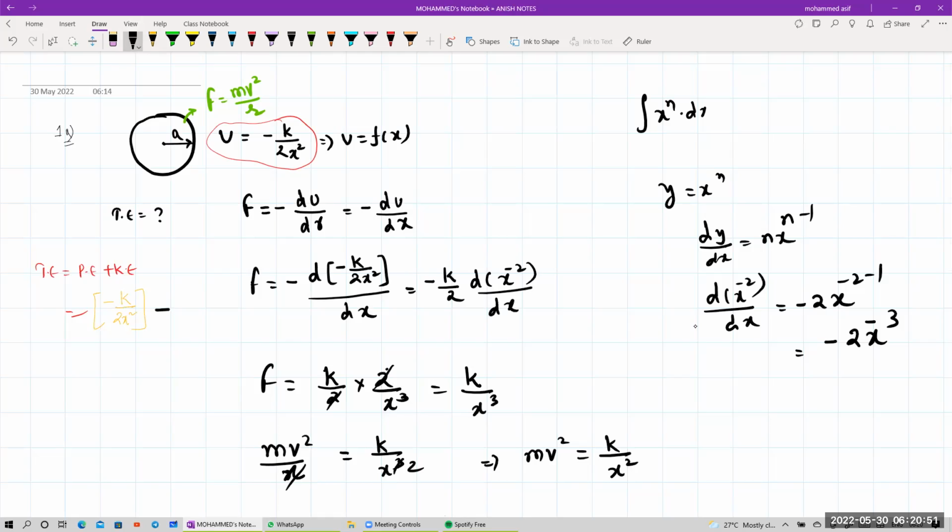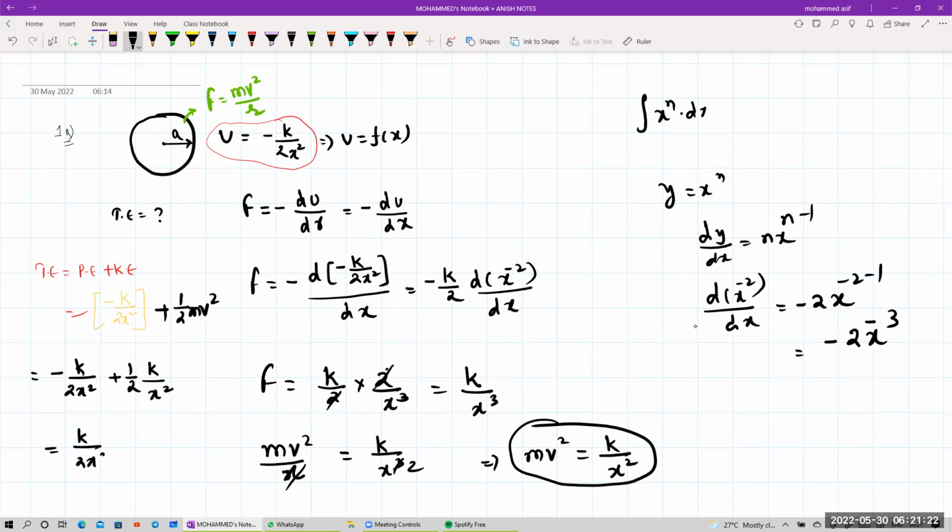Plus kinetic energy, which is half into m into v square. So that will be minus k by 2 x square plus half into m v square, and m v square we got as k by x square. So it is minus k by 2 x square plus half of k by x square.